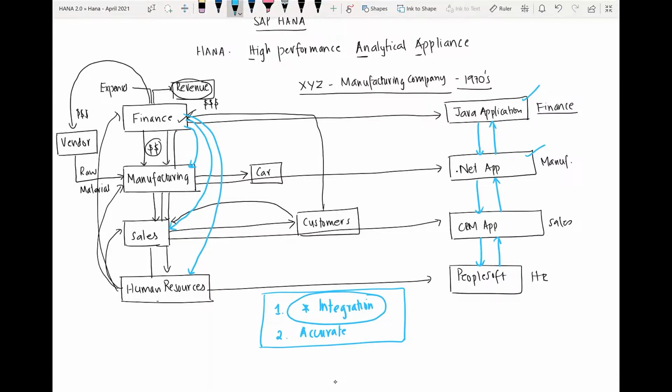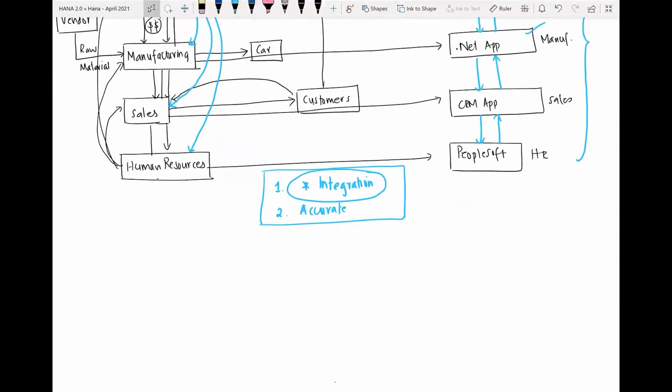So they looked at this problem holistically, and they understood that integrating or making all these different parts of your enterprise work together is a big challenge. So that is how the terminology called enterprise resource planning came into picture.